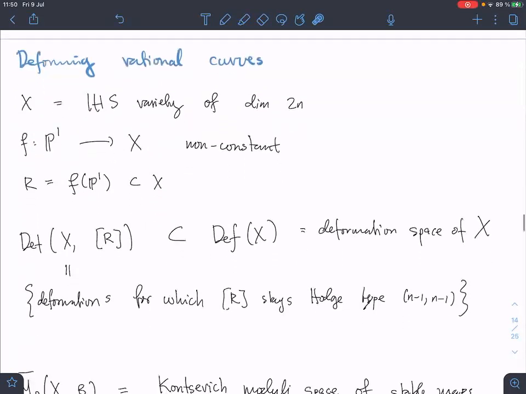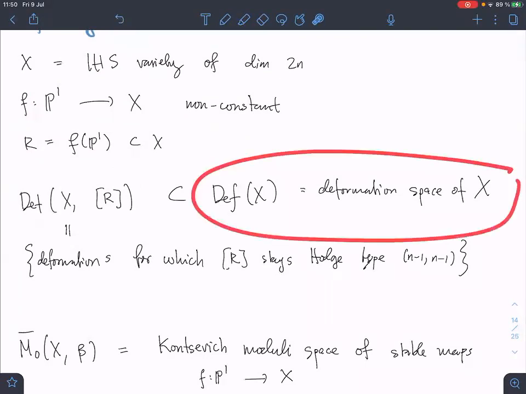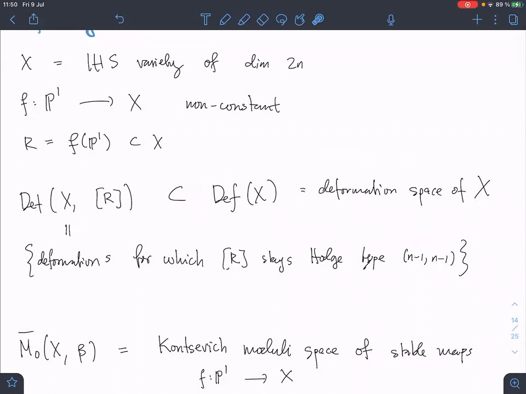Okay, so then we're interested in varieties which are deformation equivalent to X. So we consider the whole deformation space of X. And inside there we have the deformation space where we add the class R, and these are exactly the deformations for which this class stays of Hodge type (n-1, n-1).